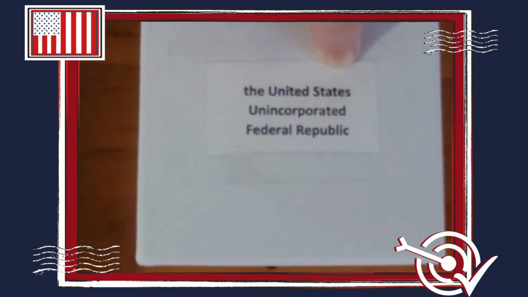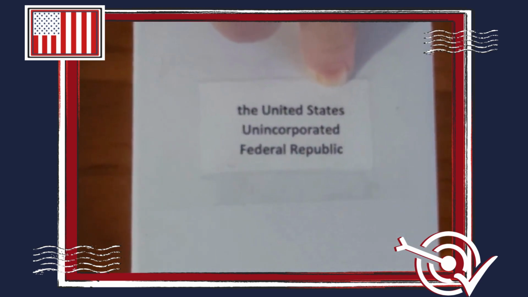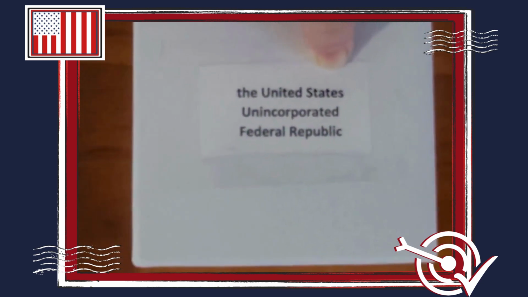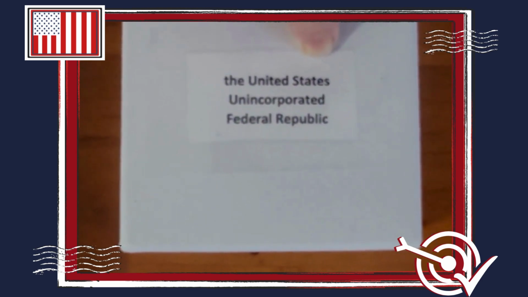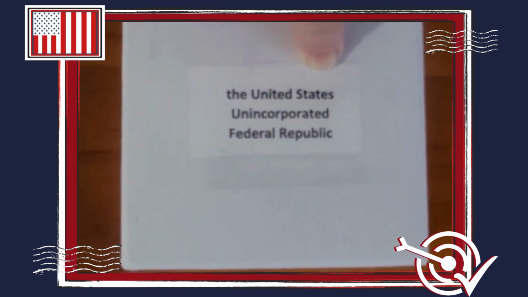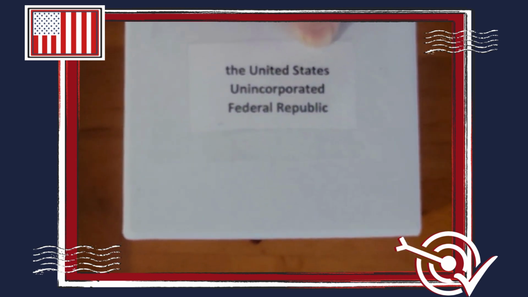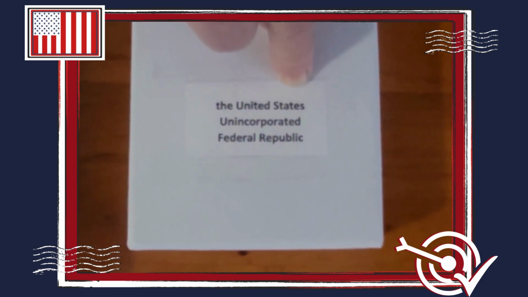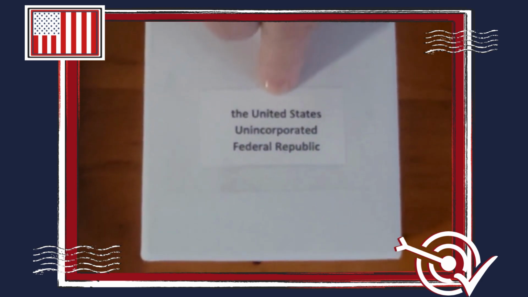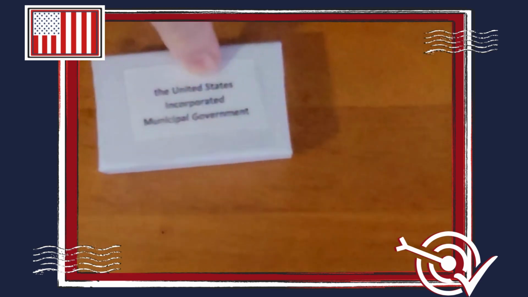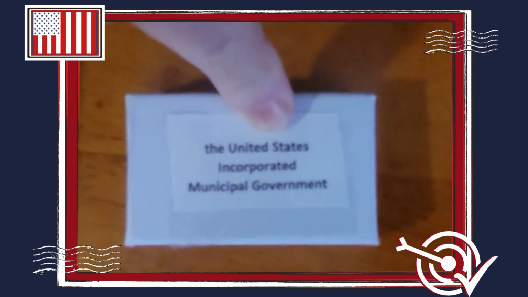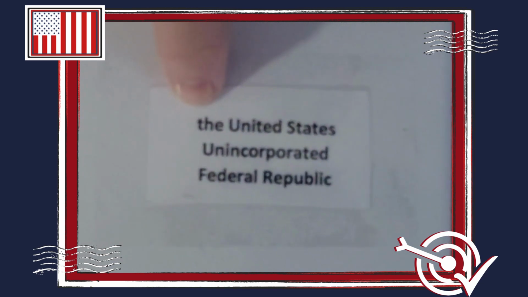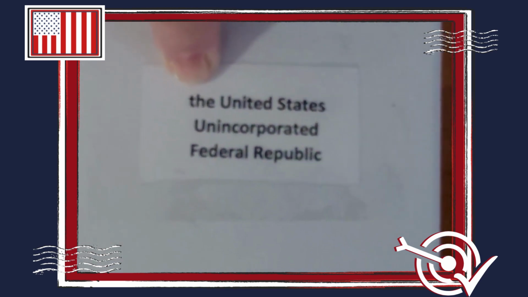If it was between the years of 1795 and 1860, it could be either one. It could be the Federal Republic or the municipal government being referenced when you see the words or the name, the United States, with a small t.